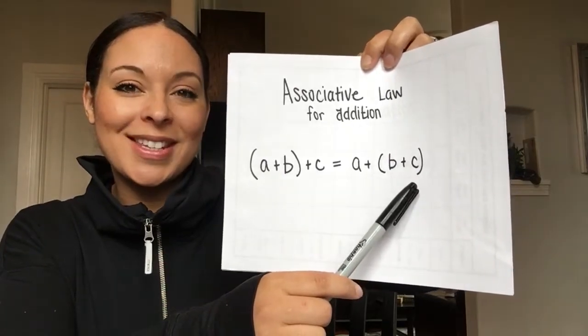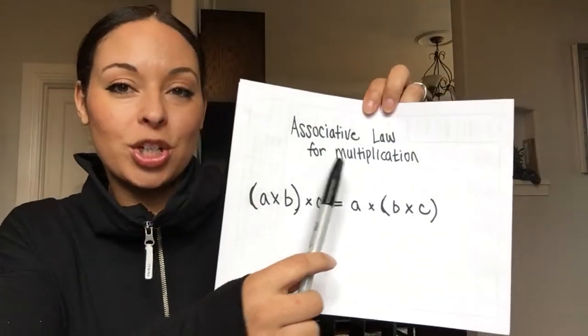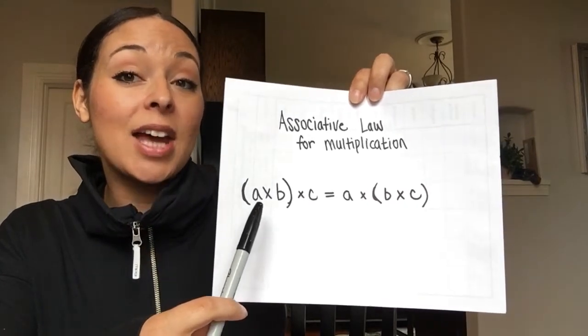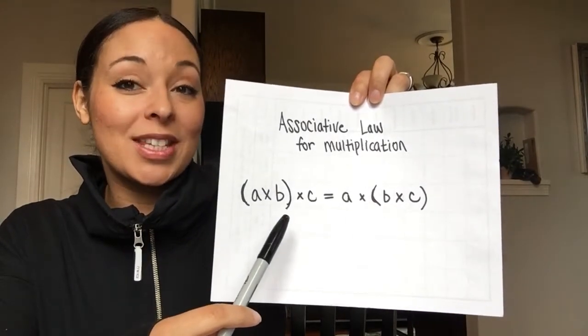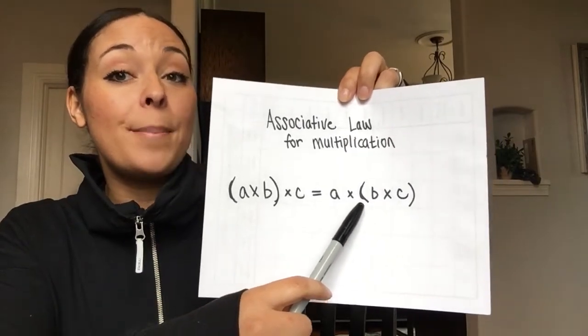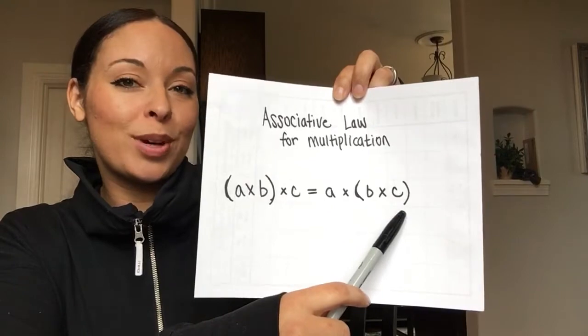And then we have the associative law for multiplication, which has the same tune. The associative law for multiplication states, (A times B) times C equals A times (B times C).